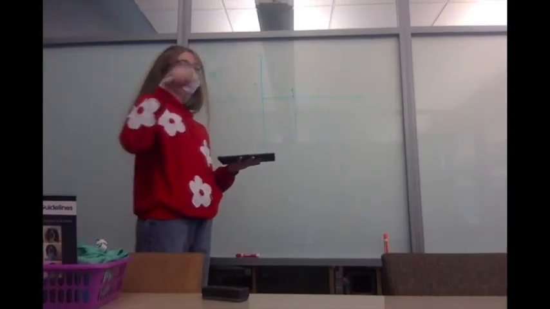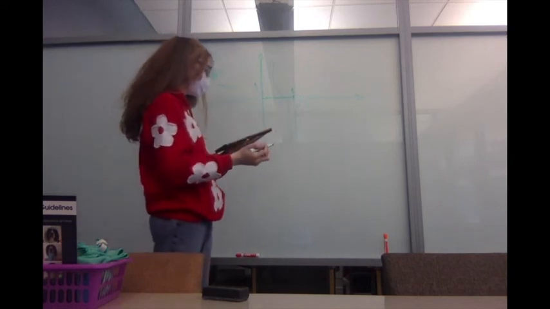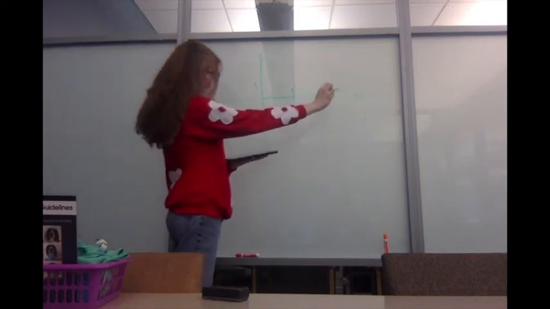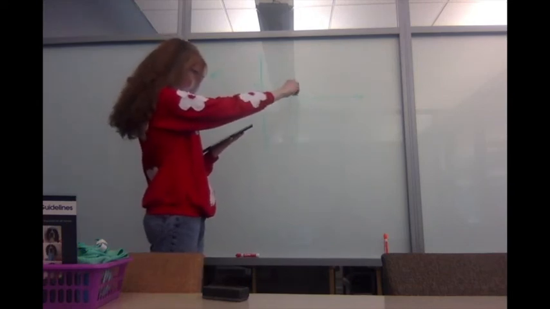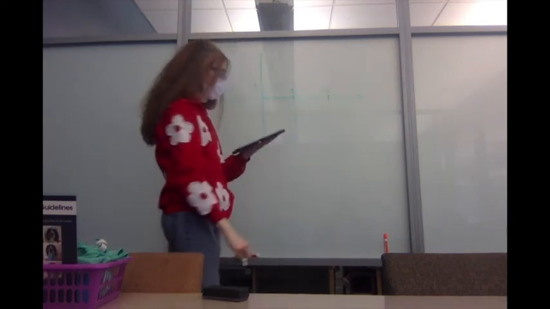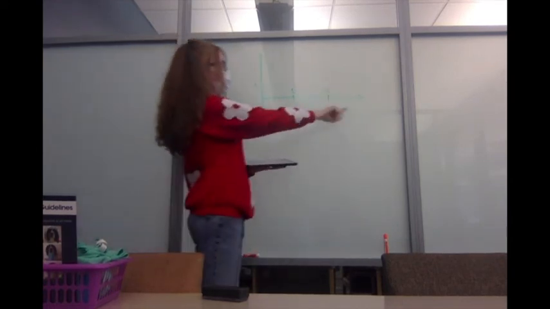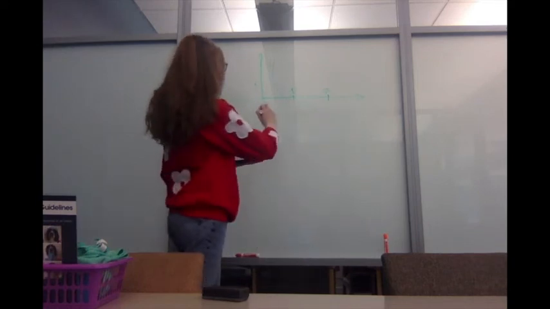It looks good. Cassandra, 2.6, problem number 3. It asks for your limits at infinity, negative infinity, 1, and 3. The limits are easy because over here it's just leveling off at, what is this, 2?